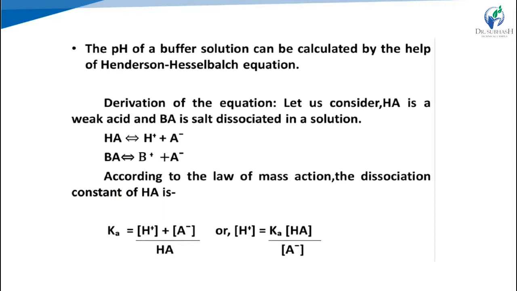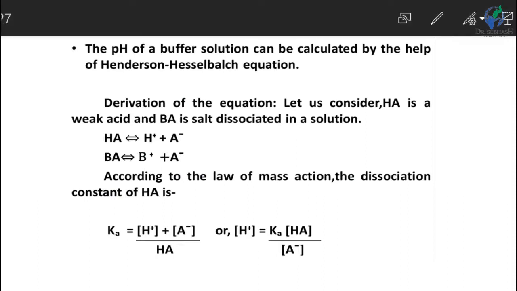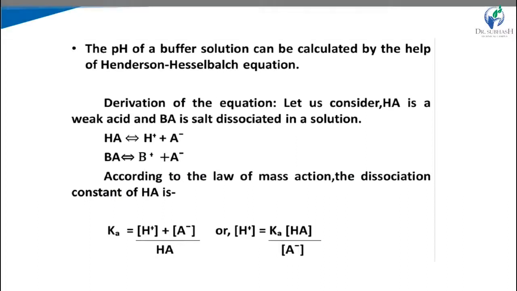As a result, the equilibrium concentration of the unionized acid is nearly equal to its initial concentration of acid. The equilibrium concentration of A minus we can assume to be equal to the initial concentration of the salt that we add, since it is completely dissociated. Therefore we can represent A minus by the salt concentration also.